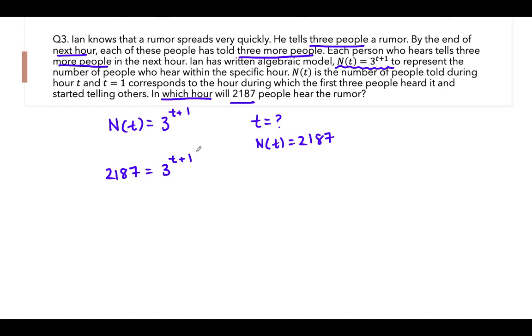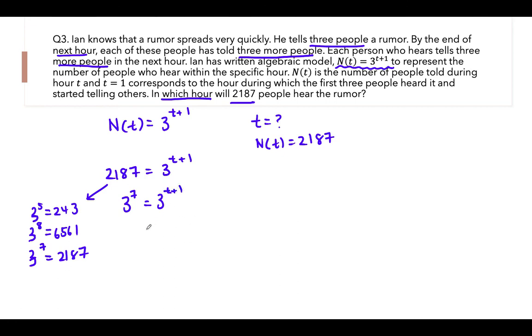Now, I wonder if I could change 2187 to a power of 3. So let's try. 3 to the 5 is 243. Okay, it doesn't work. What about 3 to the 8? 6561. Okay, it's too big now. And then you will notice that 3 to the 7 is equal to 2187. So it works. So I'm going to change it into 3 to the 7 equals 3 to the t plus 1.